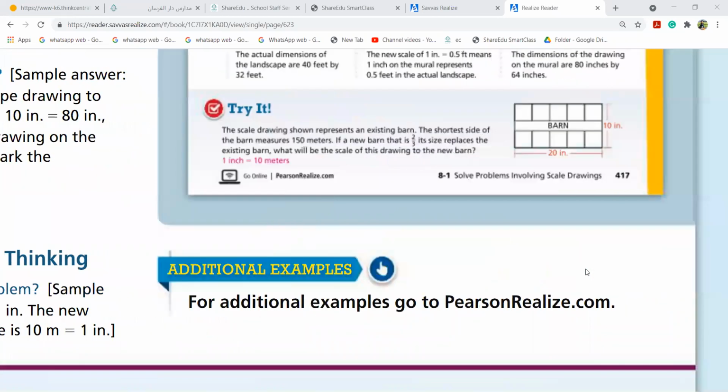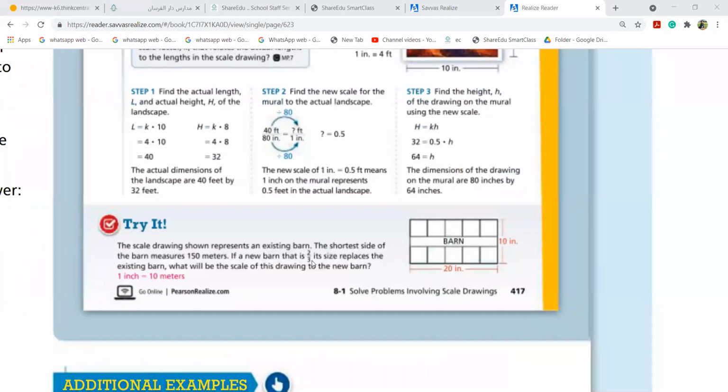Where is it? The scale drawing shown represents an existing barn. The shortest side of the barn measures 150 meters. That is 10 inches is 150 meters. 10 inches equals 150 meters.